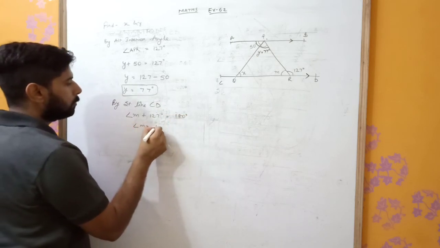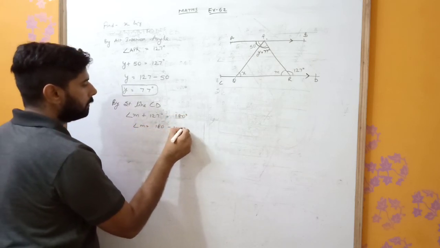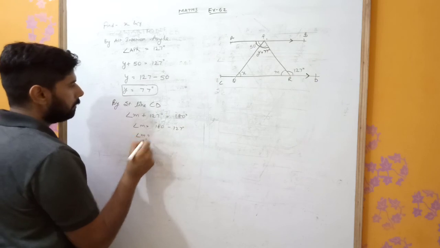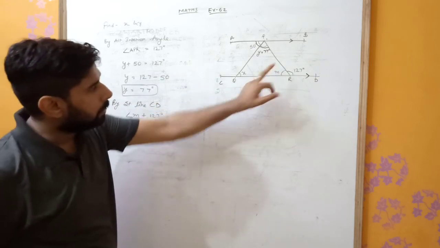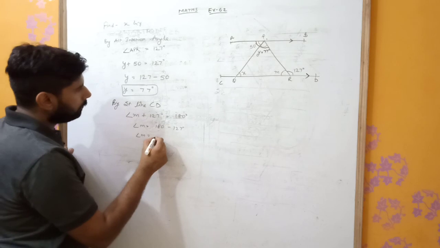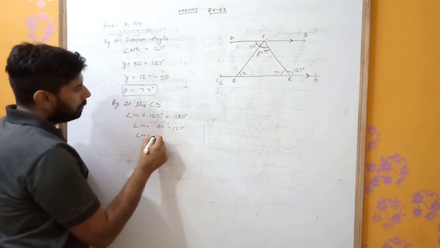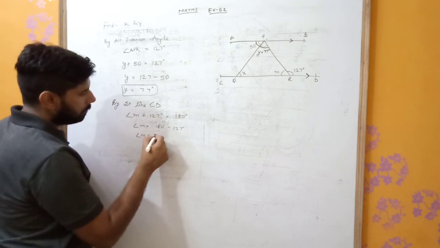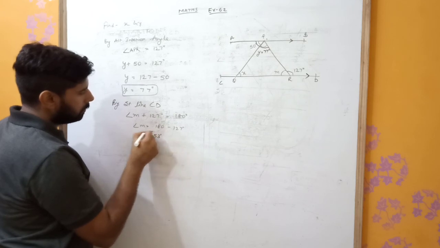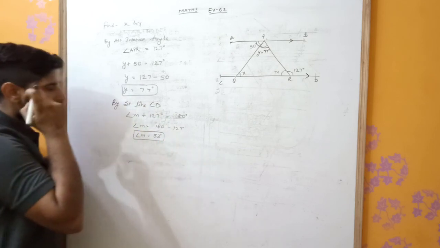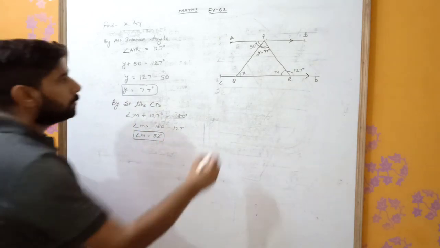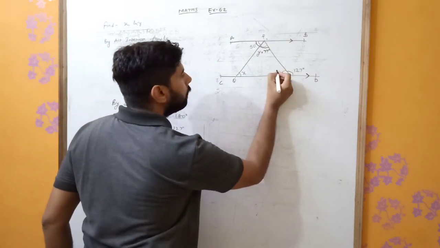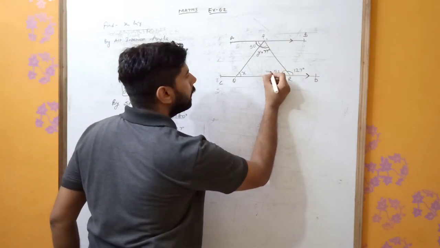Angle m equals 180 minus 127. What will angle m be? What will the value of angle m be? That is 53 degrees, the value of m.